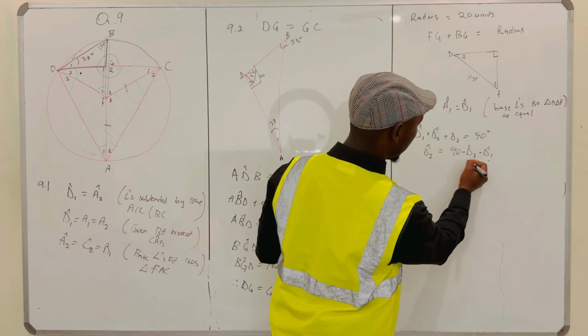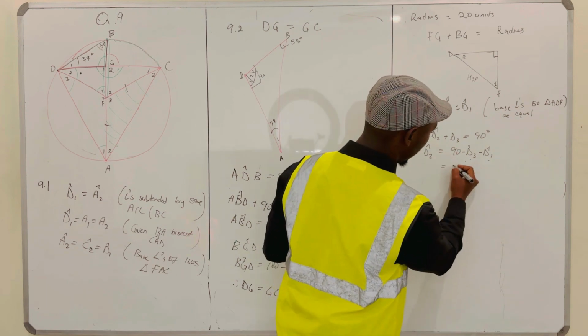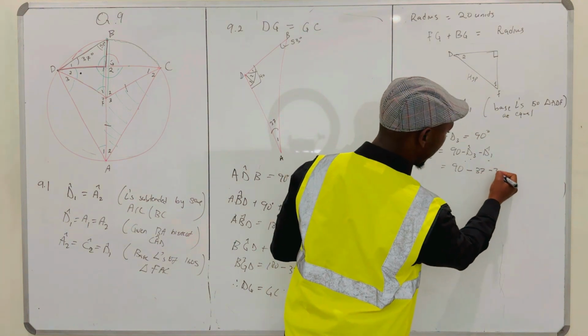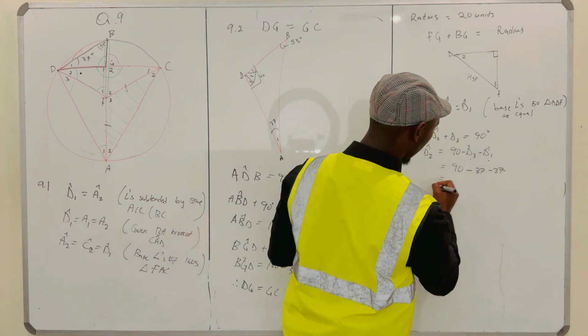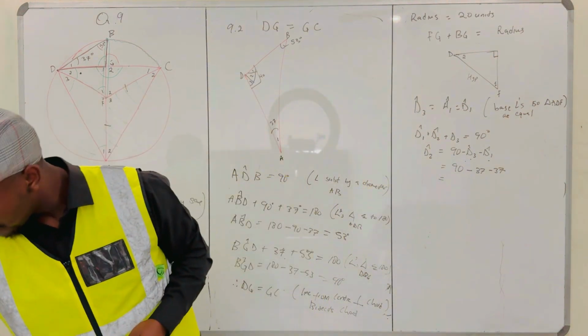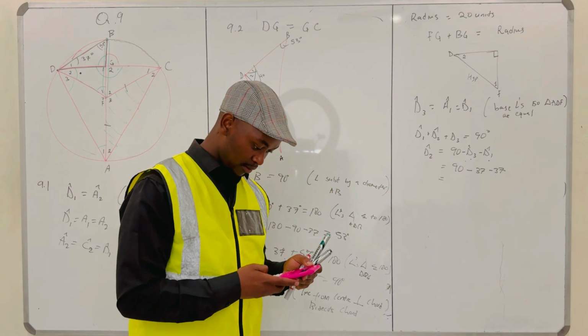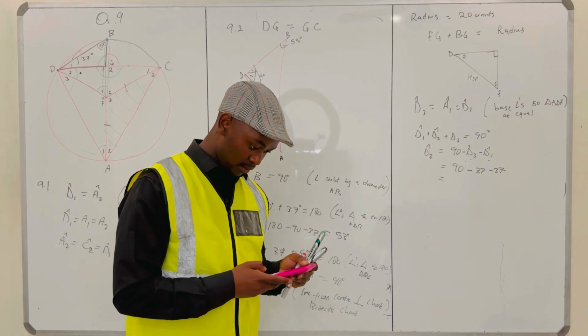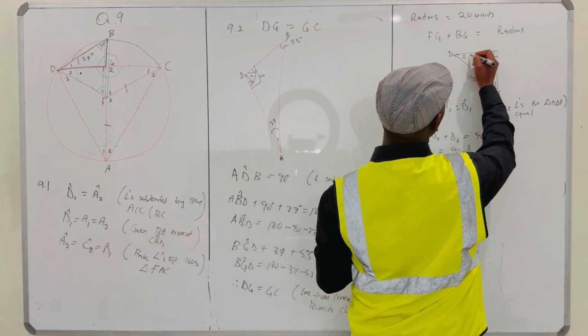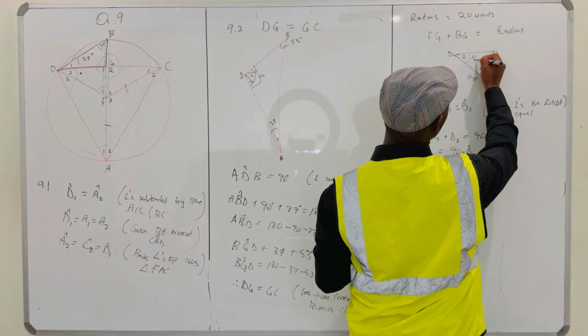We have the values of these because we said they are equal. So this is going to be 90 degrees minus 37 minus 37, which is going to give us, I think, 16 degrees. So we have 16 degrees there.